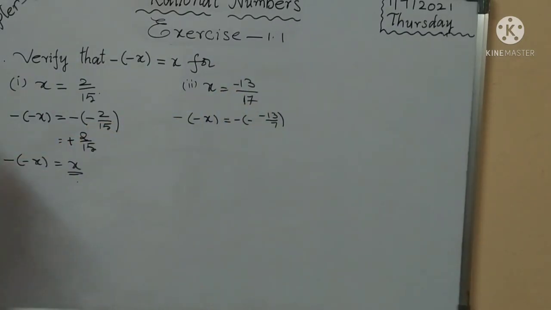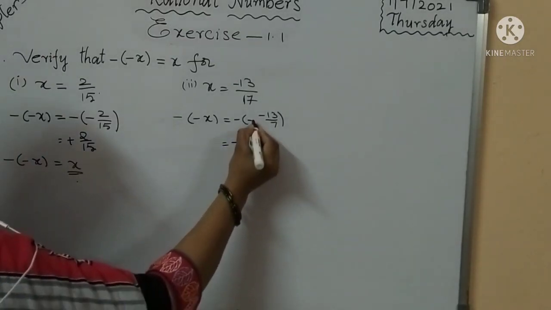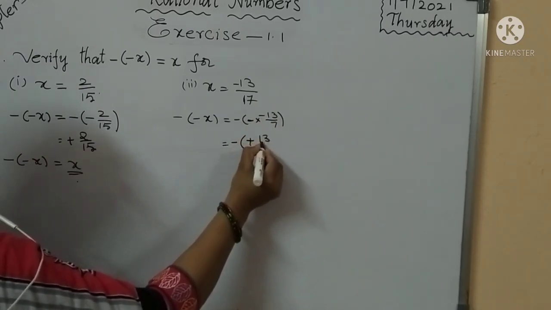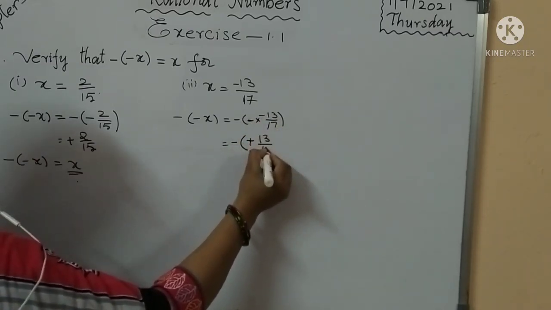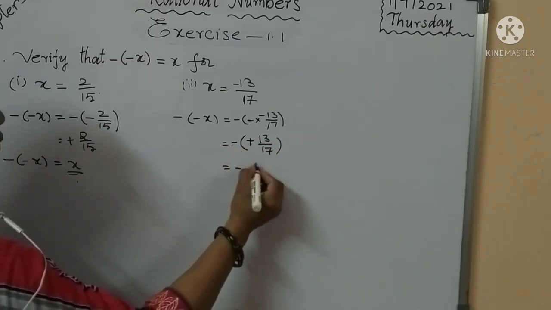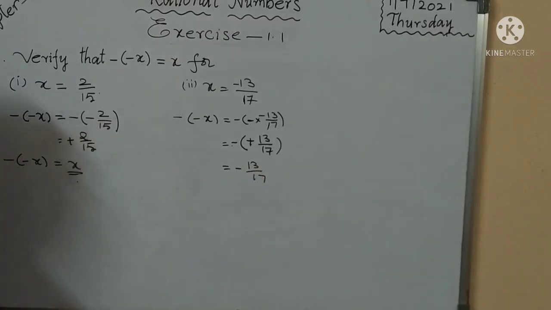So minus of minus into minus 13 by 17, minus into plus minus, so 13 by 17. It is equal to the x value.